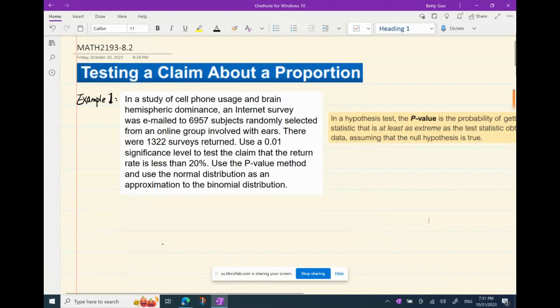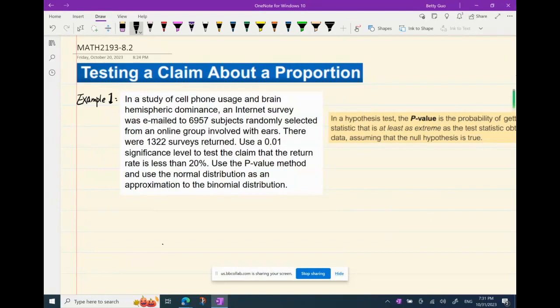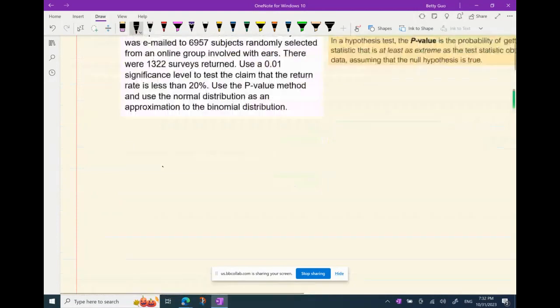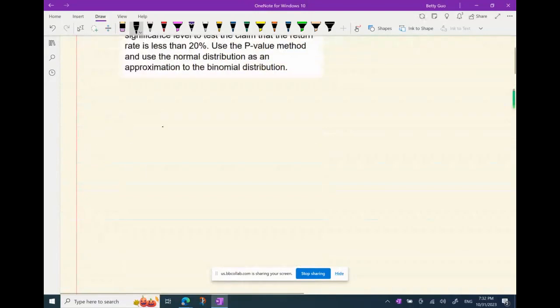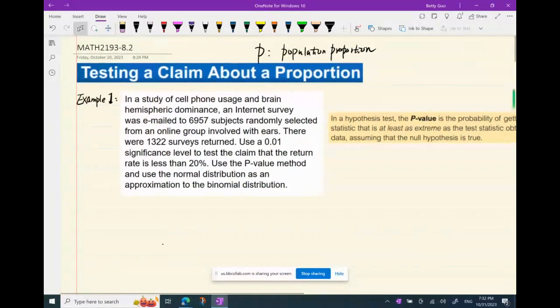Firstly, population proportion is represented by the notation P. The focus of today's class is to test a claim regarding population proportion P. Mainly, we are going to go over 3 examples, not a lot, just the 3. But we are going to go through the three examples in great detail.